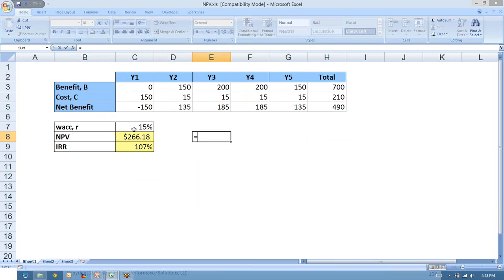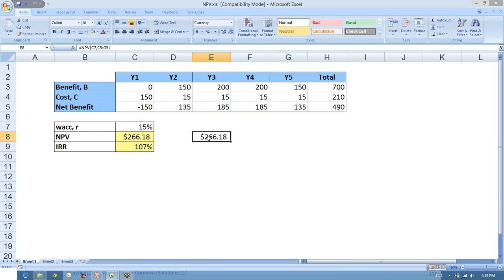So NPV of, and now we have to select the rate. I'm going to select C7, comma, and now I enter in the cash flows that I care about, Y1 through Y5, and that is C5 through G5. And paren, and you'll see I will get the same value right there.